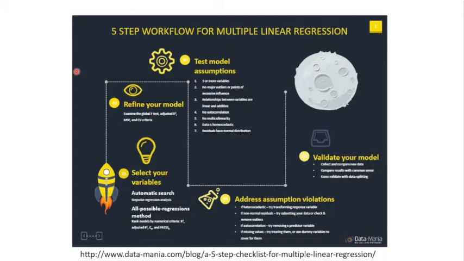Now, I put this in there just to give you an idea of the steps that go into any sort of multiple regression analysis. The first thing is you're selecting your variables, and we talked about doing stepwise regression analysis. Then we're going to refine our model, and we may put variables in and pull them out. Looking at our assumptions, we're going to make sure that we're addressing those.